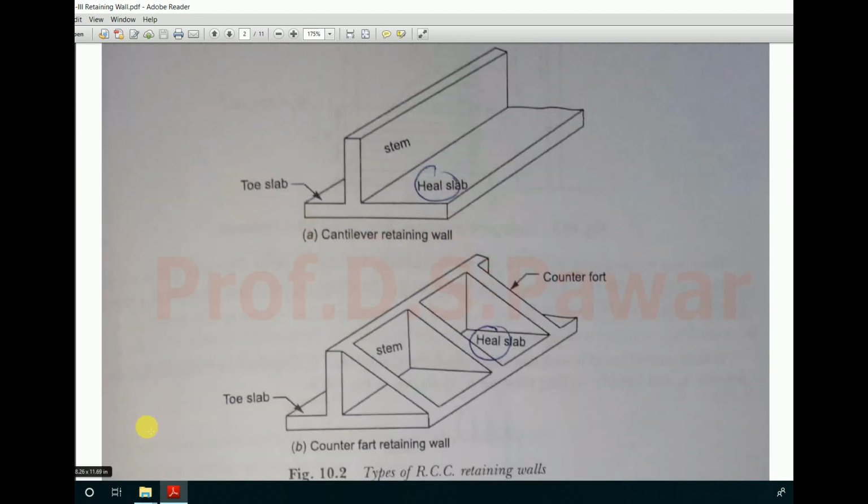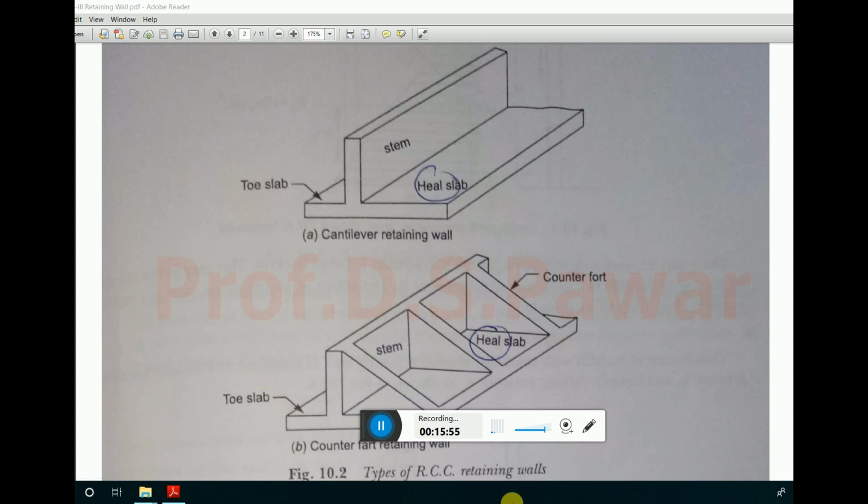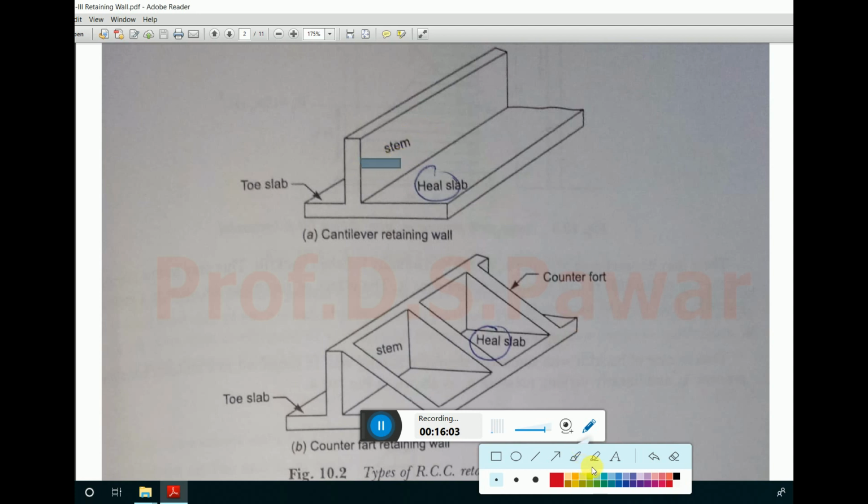And what is meant by overturning of the retaining wall I'm going to show you here. If this is a cantilever retaining wall, and due to this force, a moment is going to occur.